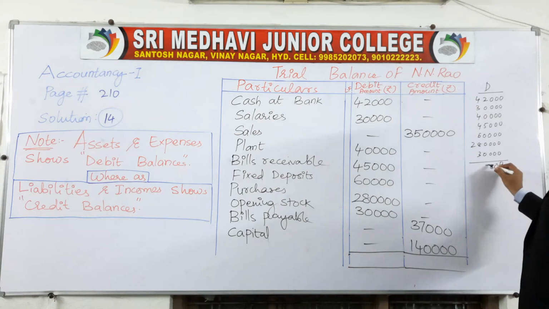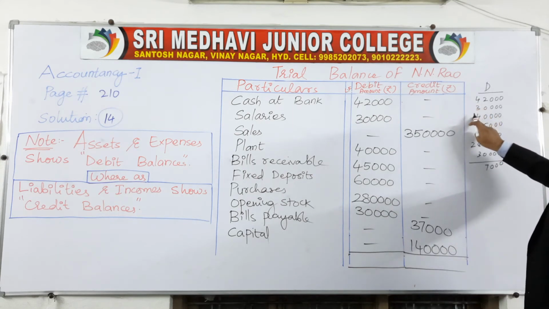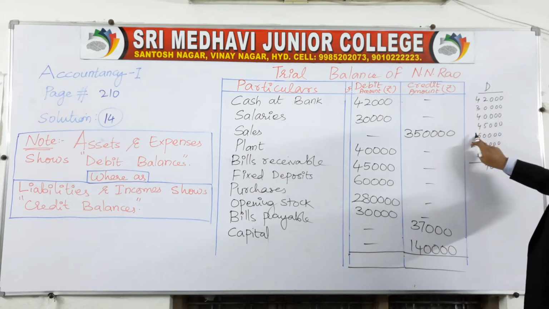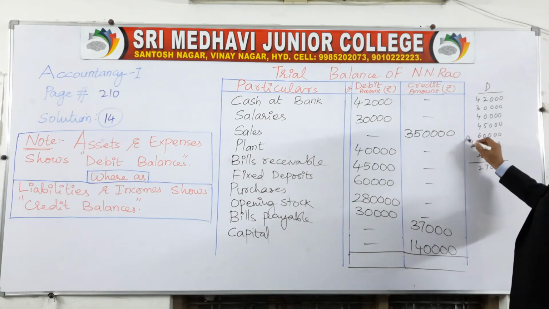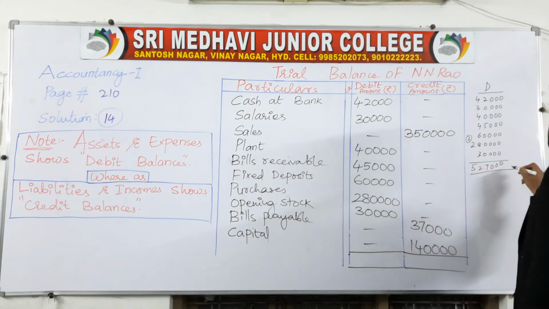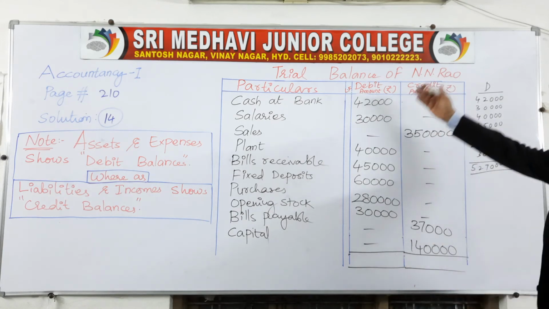Adding them up, 5,27,000 is the total of the debit side.